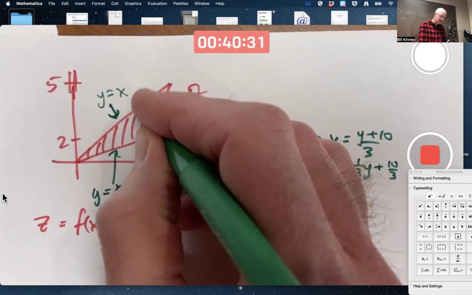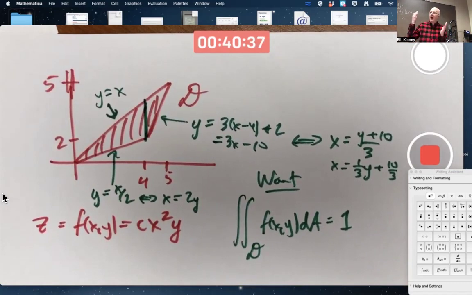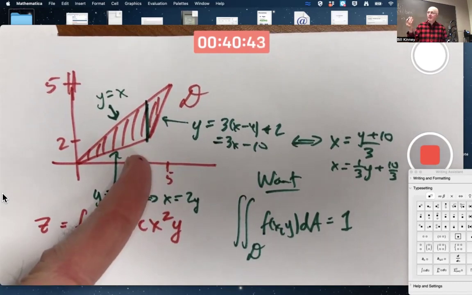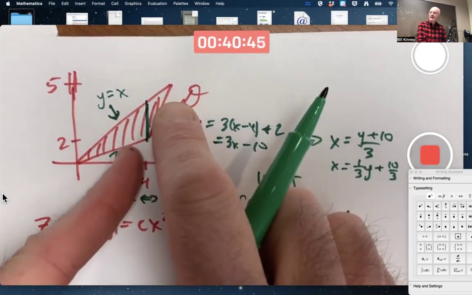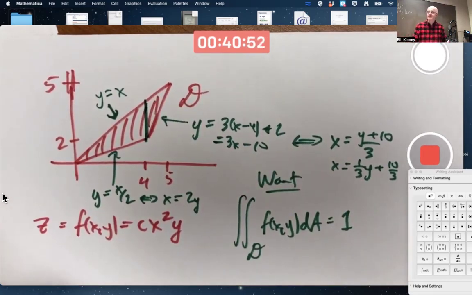For example, like this, where on each piece, D is a region between two graphs. That's one way to do it, the simplest way to do it. Do the integral over each piece individually and then add the results. Hope that makes some intuitive sense that you would do that.